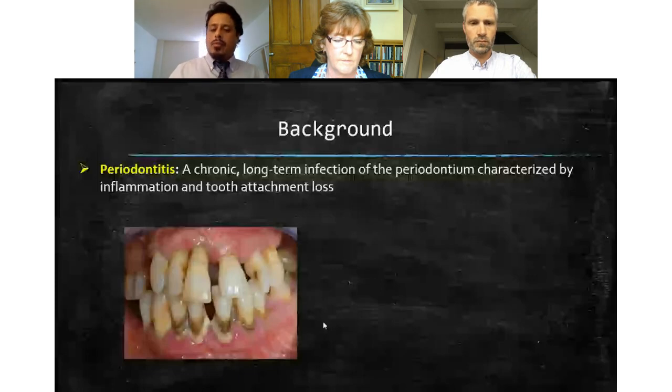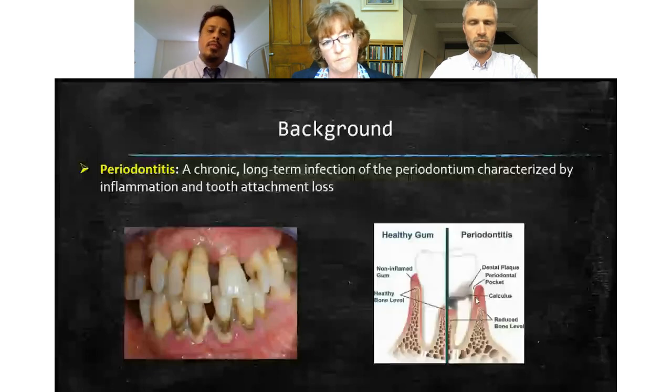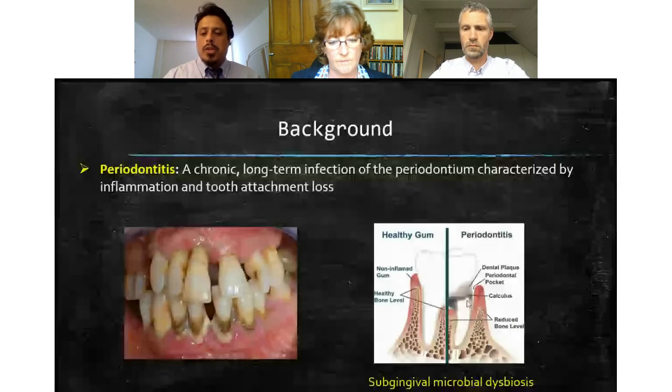And just to recall from what Dr. Divine mentioned in her part of the presentation, this is a result of a dysbiotic or imbalanced microbial community, specifically the part of the biofilm that is below the gum margin here. So we refer to this as subgingival plaque.